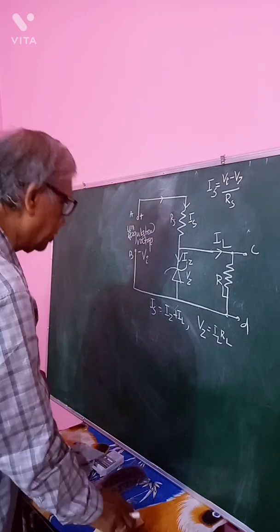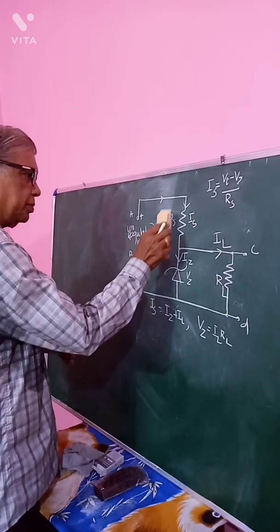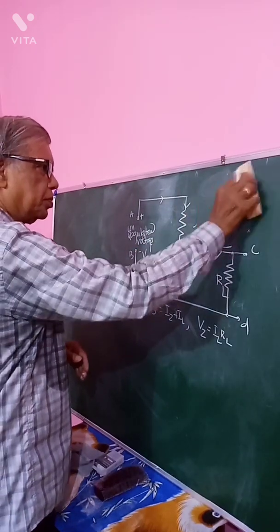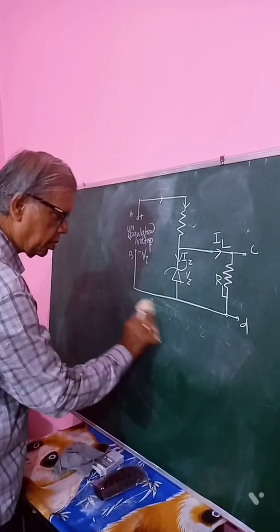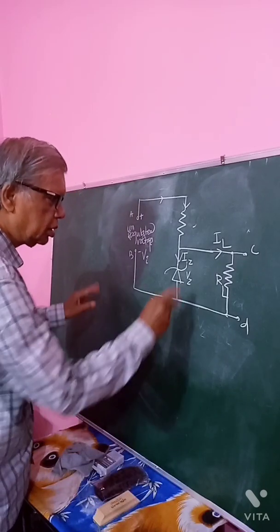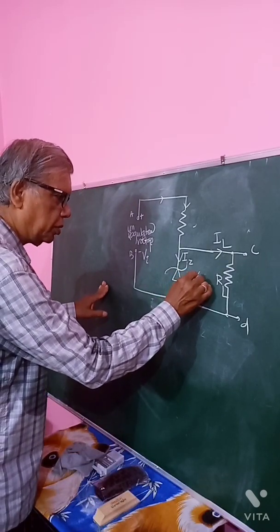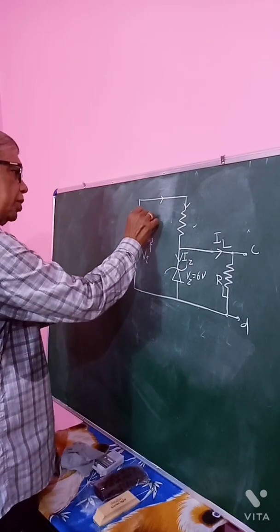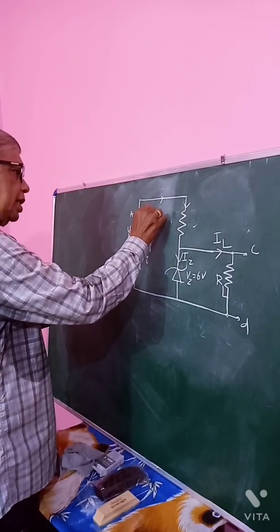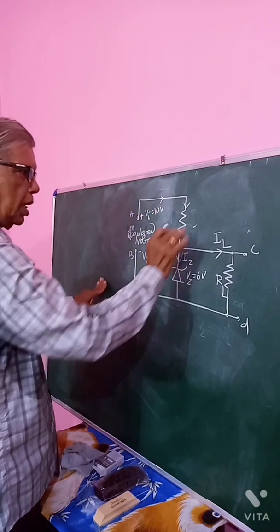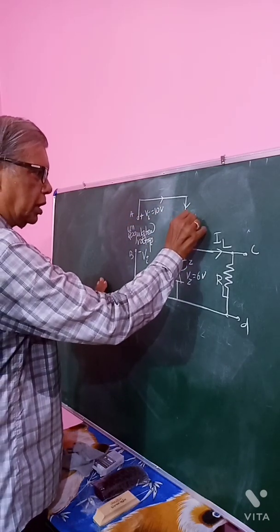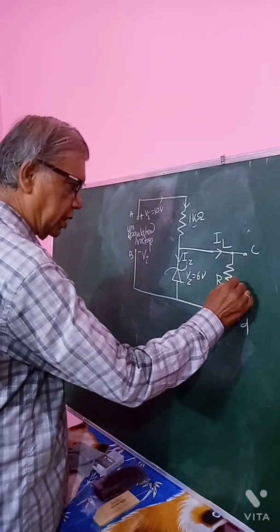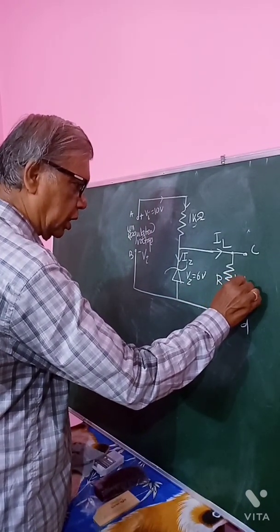Now let us consider a problem, say like this. This is 6 volt, and this unregulated voltage Vi is, say, 10 volt, and this is 1 kilo ohm, and this is RL, 10 kilo ohm.